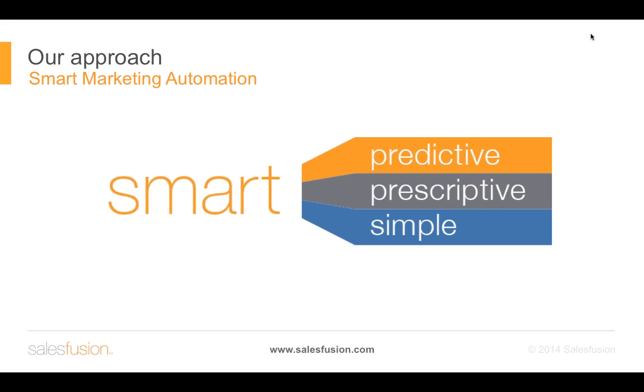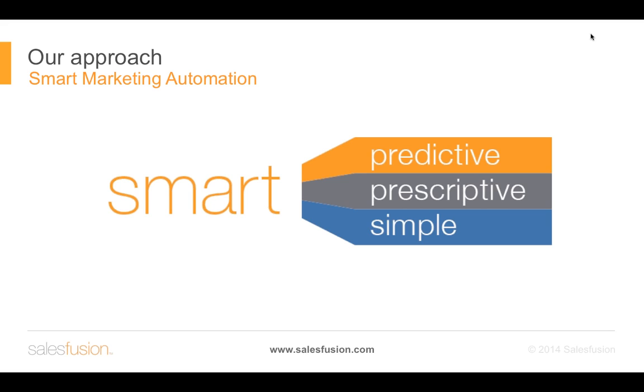So just real quick, in terms of why we as a company are talking about predictive analytics, which is a large phrase to describe optimization and intelligence in a platform like a marketing automation tool. We are very much focused on smart marketing automation.